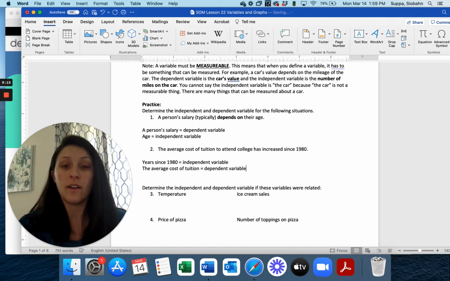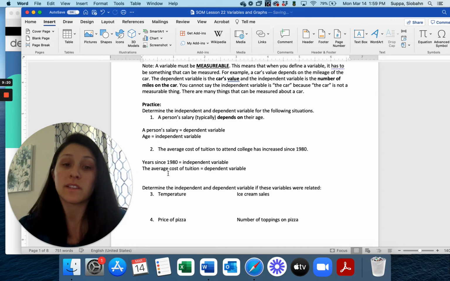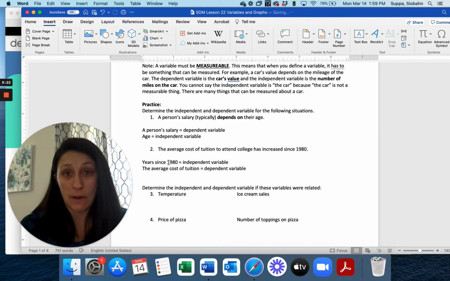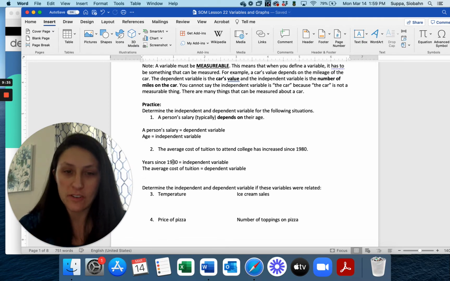The actual cost of tuition depends on lots of other things. And one of those things is what year you're talking about. So the cost of tuition in 1980, I would expect, will be different than the cost of tuition in 1990, and different still than 2000 and 2010 and 2020 and many other years.